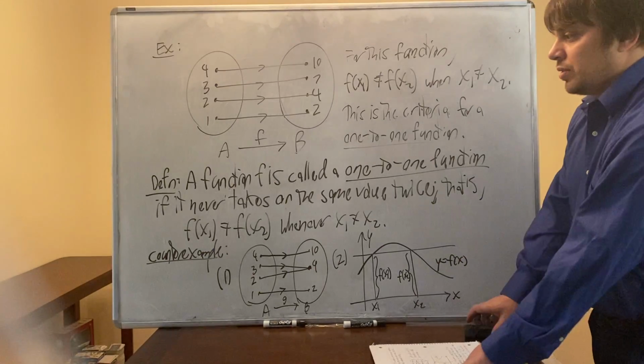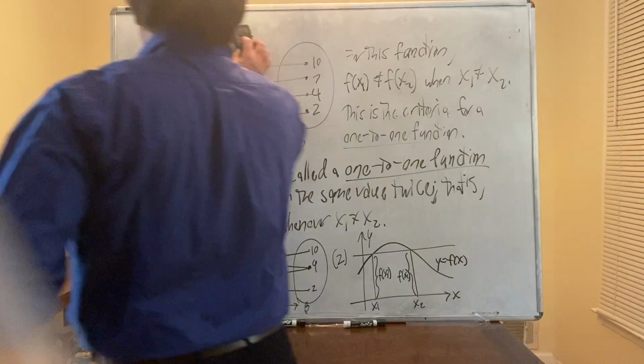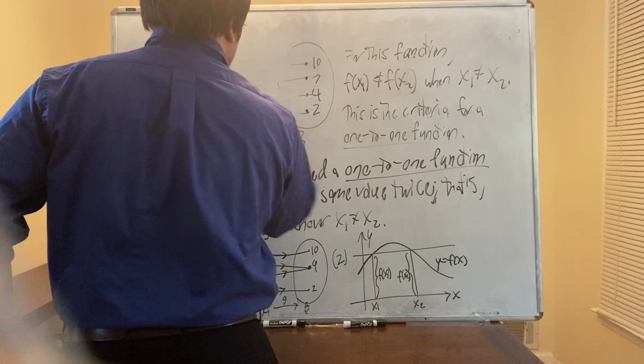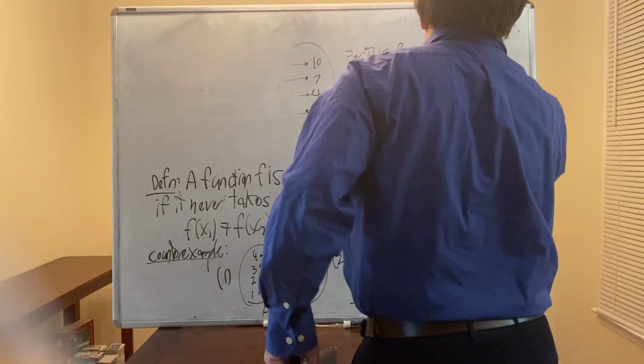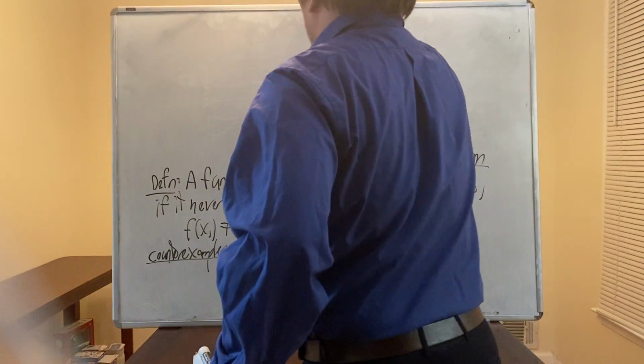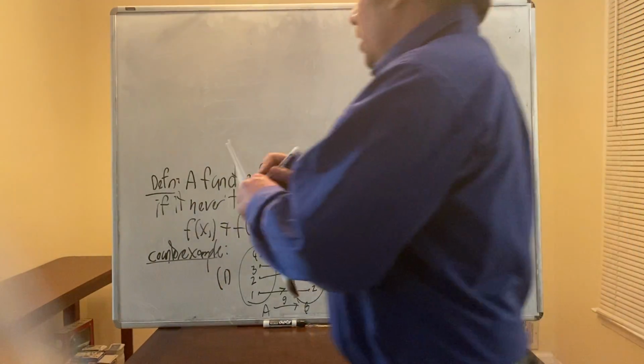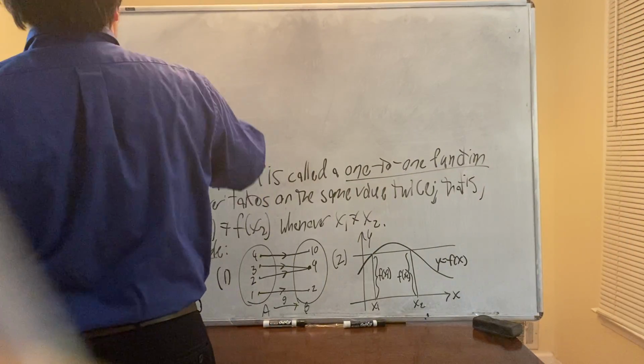Okay, so there you go. I'm going to erase just the top part here above the definition. I'm going to keep everything that's below the definition. Okay, next is what's called the horizontal line test.